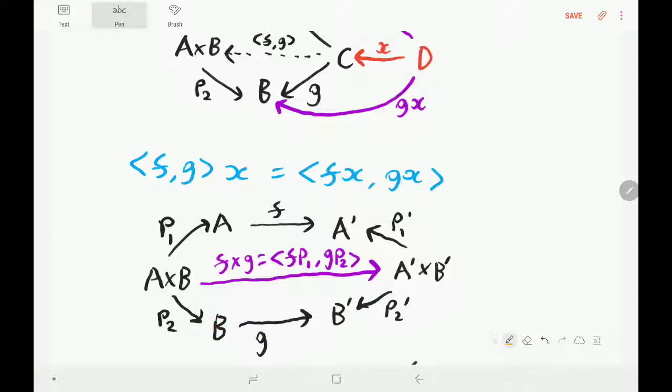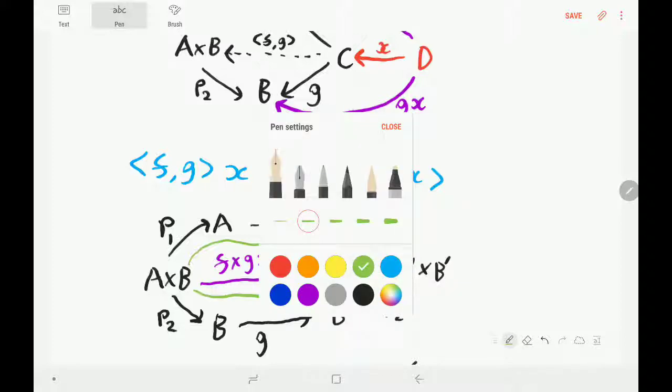Then the arrow F times G is this arrow from A times B to A dash times B dash, and we can define it to be F after P1 comma G after P2. The idea is that if you compose these arrows, F after P1 and G after P2, then you can think of A times B as a candidate for being a product of A dash times B dash. And then this purple arrow is the unique intermediary arrow.